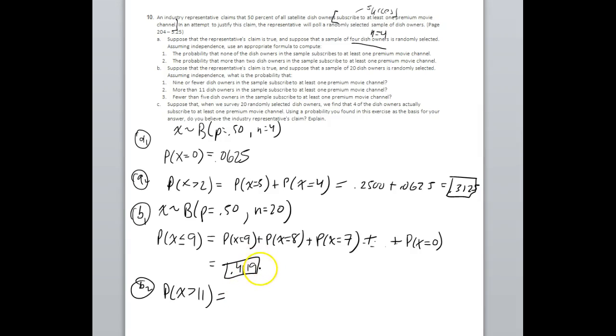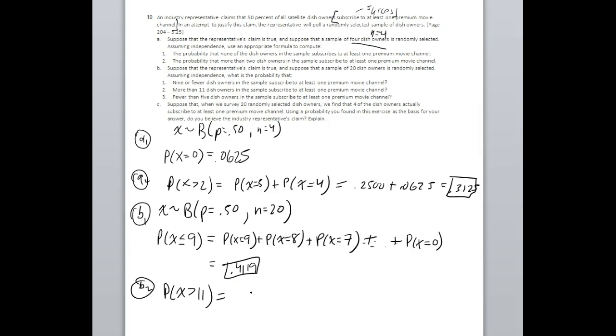We're going to use what we just solved, though you don't have to do this. You can do it a couple different ways. What you could do is add up all the probabilities of x greater than 11. So probability that x equal 12, x equal 13, x equal 14, all the way to the probability that x equal 20, all the way up to n.